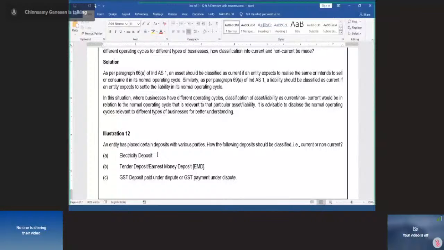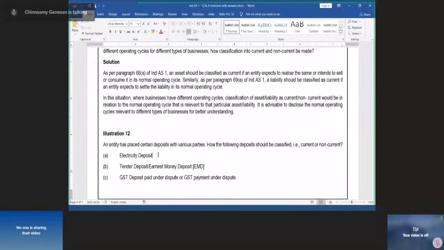Interestingly, when I have given an electricity deposit to the electricity corporation, when I surrender the connection, I will get that money back. But I am running a business as a going concern, so it will normally be for a longer period.